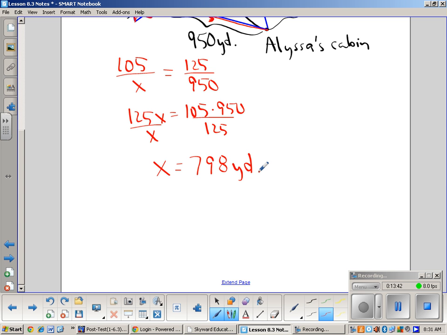Not so bad if you got a powerboat. Maybe a little bit more questionable if we're going to swim it. I know I would drown if I had to swim almost 800 yards. I don't even float anymore. I'd be sunk. I'd be out there in the bottom of the lake somewhere.